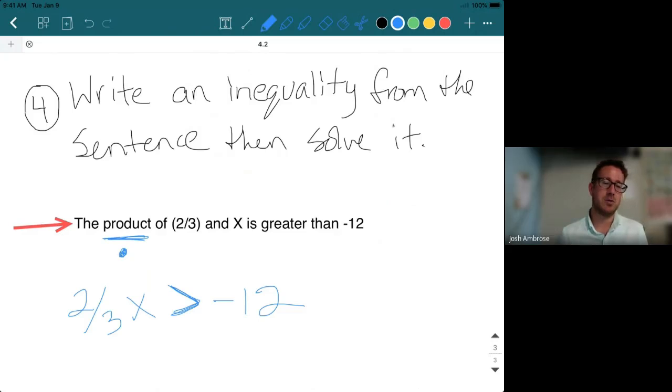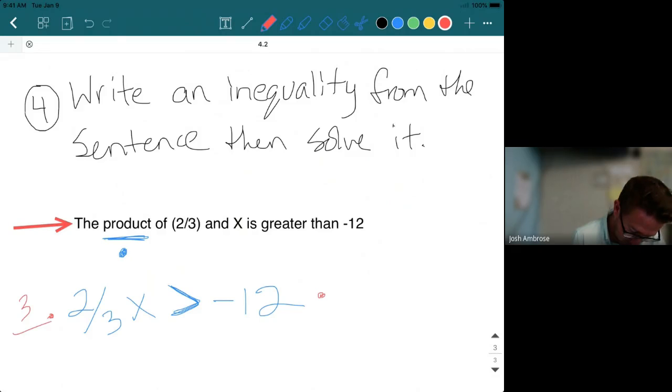Now, how do you get rid of a fraction when you have to multiply? You would think divide, but you don't ever divide with fractions. You multiply by the reciprocal. Remember that. So let's multiply both sides by the reciprocal, which is 3/2.